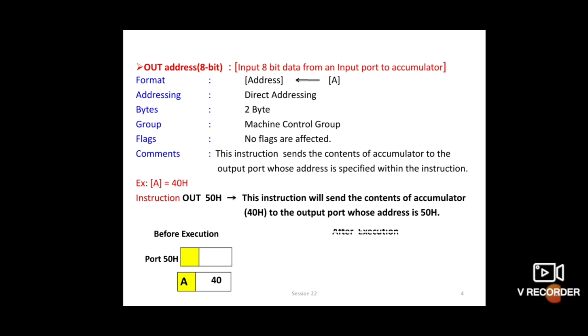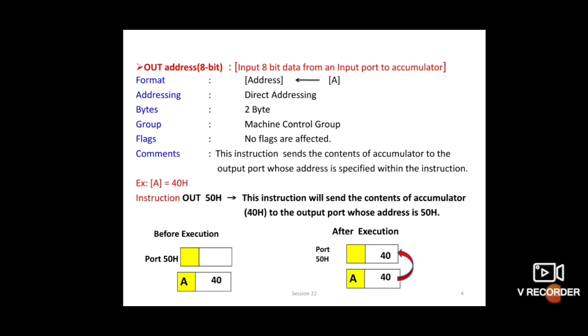After execution of the OUT 50H instruction, whatever was stored in the accumulator is transferred to the port address, that is 50H. Understood student? Input and output instruction.